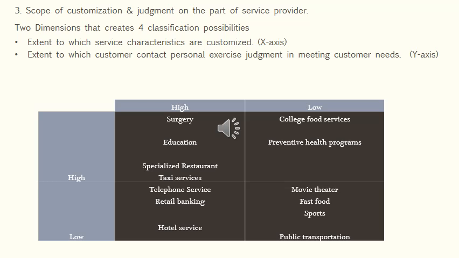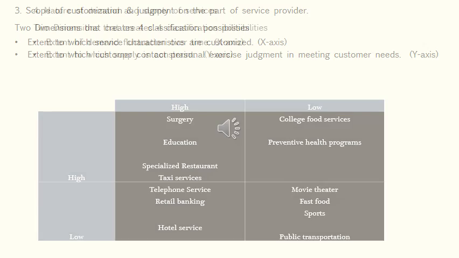Here we can see the high-high: surgery, education, specialized restaurants, taxi services. The high and the low is where college food services, preventive healthcare. The high-low is telephone services, retail banking, hotel service. The lowest is like movie theater, fast food, sports, and public transportation.